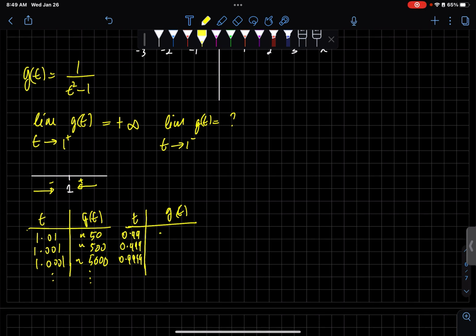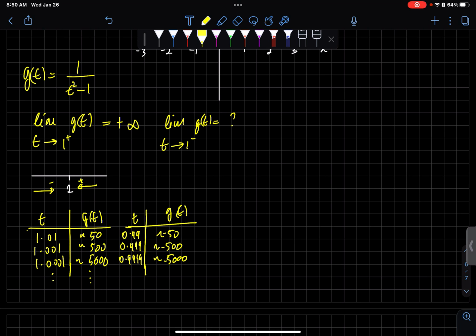Yeah, it's approximately 50, right? So this is approximately 50. Then this is approximately 500, and this is approximately 5,000. Negative 50, negative 500, negative 5,000.